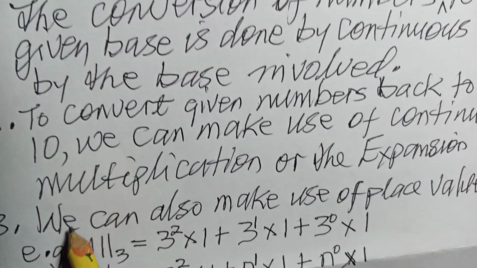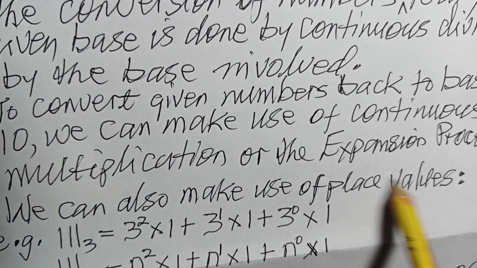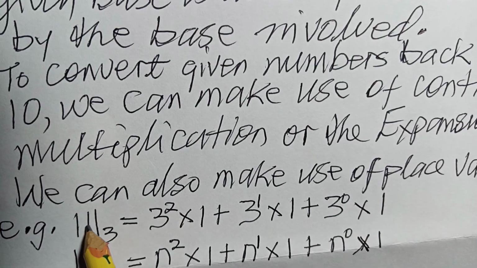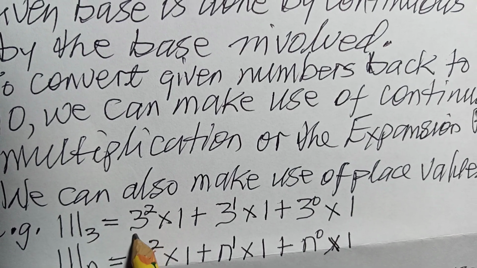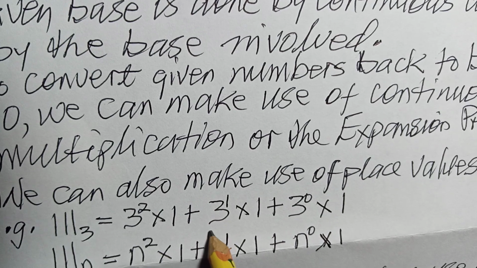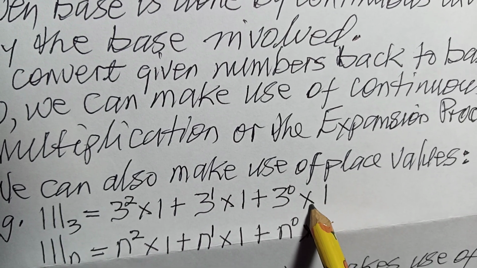Number 3, we can also make use of place values. For example, 111 base 3 equals 3 raised to power 2 times 1 plus 3 raised to power 1 times 1 plus 3 raised to power 0 times 1.